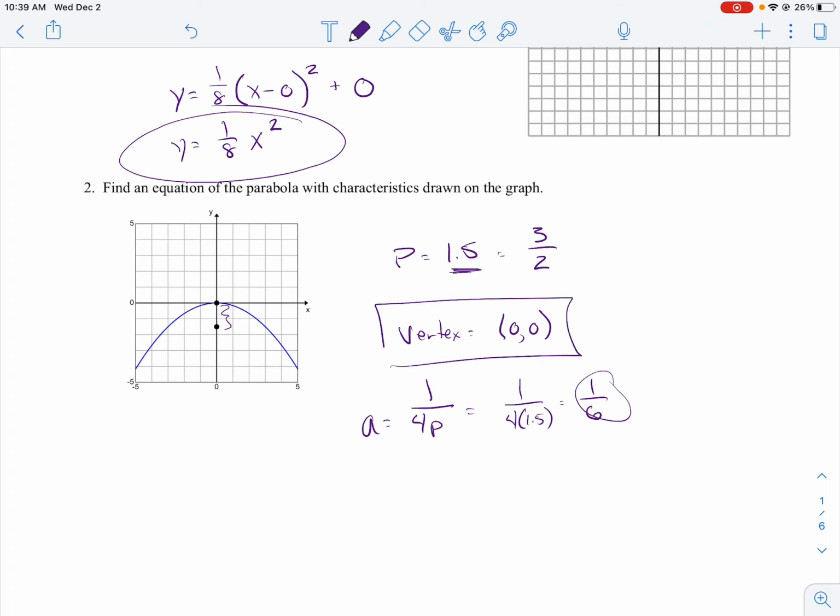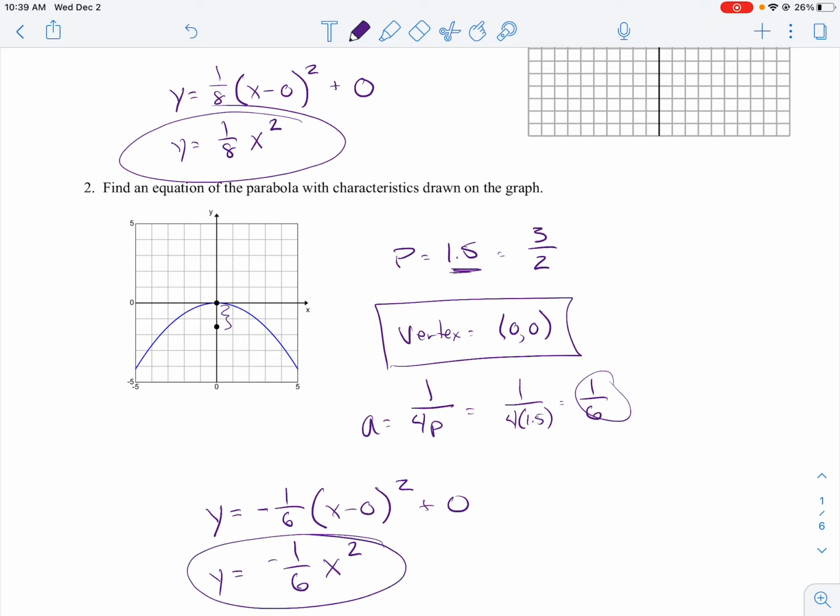We have our vertex, so we have everything we need. Now, we do have to look at which way this thing is facing. As you can see, it is facing down, which means this is going to be a negative 1/6 (x minus 0) squared plus 0. And so we get y is equal to negative 1/6 x squared.